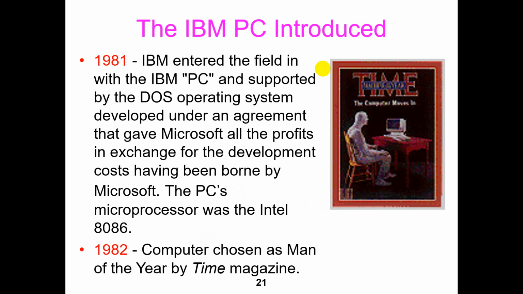In 1981, IBM entered the field with the IBM PC, supported by the DOS operating system developed under an agreement that gave Microsoft the profit in exchange for the development costs having been borne by Microsoft. The PC microprocessor was the Intel 8086. In 1982, the computer was chosen as Man of the Year by Time magazine.